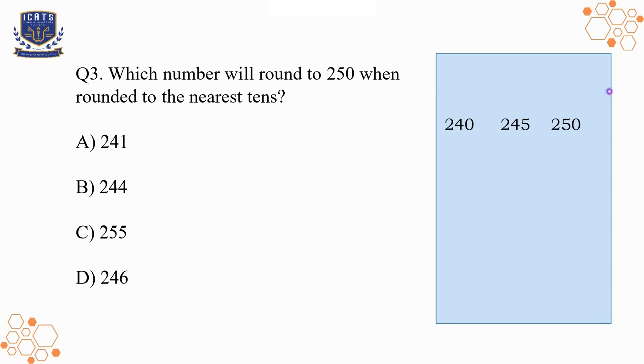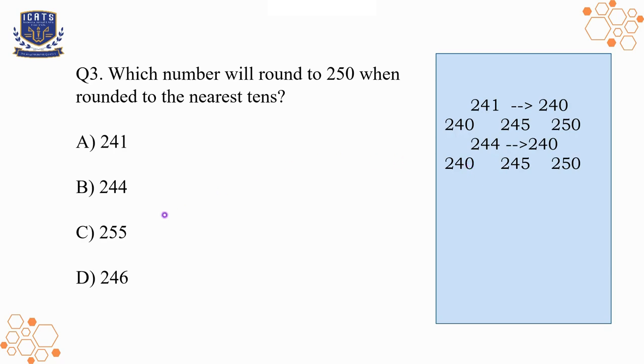As 241 comes before the half, which is 245, we will round 241 towards the first number, which is 240. Option B is 244, which lies between 240 and 250, and the half is 245. As 244 comes before 245, we will round 244 towards 240.